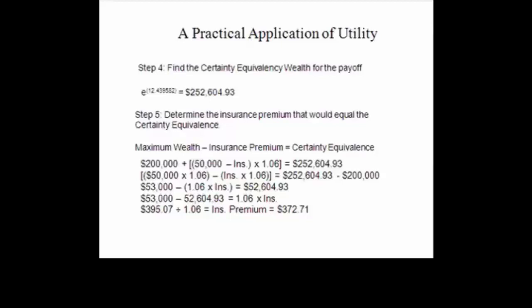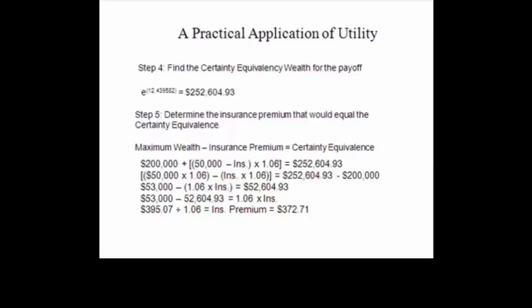Using a little bit of algebra, we subtract $200,000 from both sides, and we multiply the $50,000 times 1.06. We then subtract the $52,604 remainder from the $53,000, and that way we get an initial premium of $395.